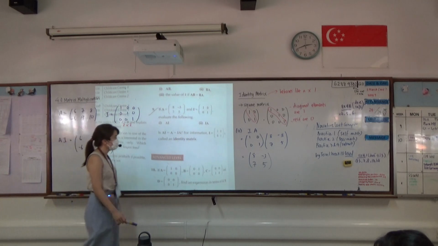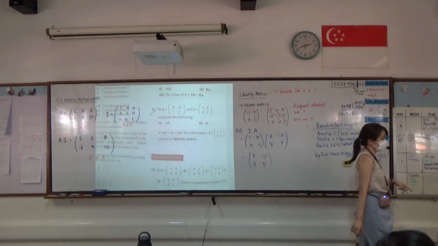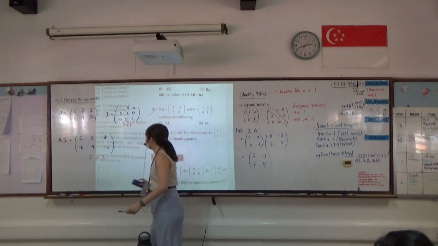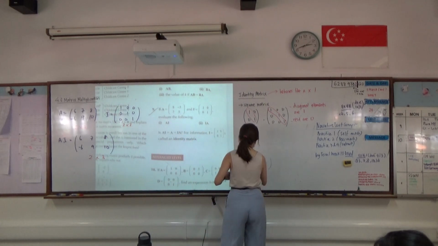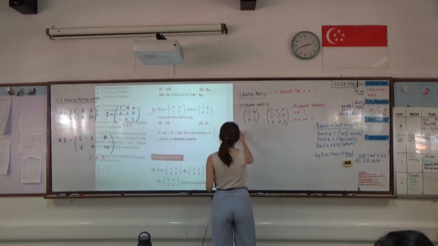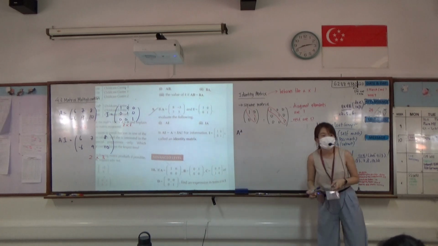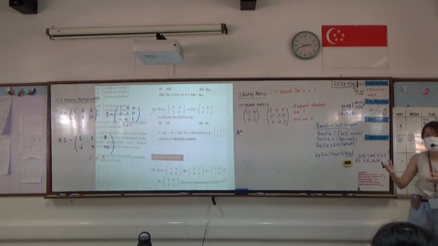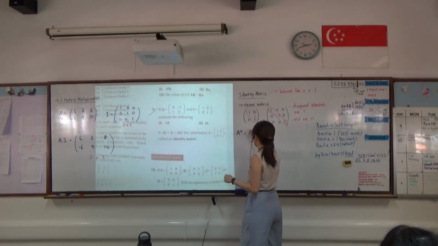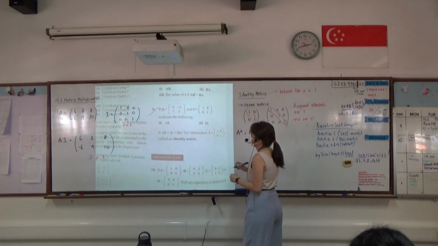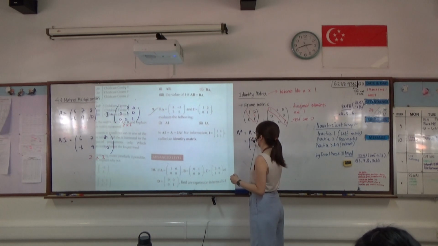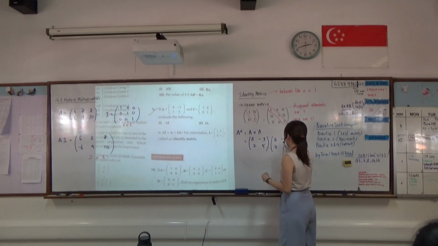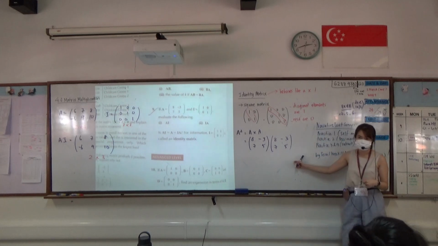Then another important thing that I want you to be able to recognize is, for example, if I ask for a matrix A squared. What is our understanding of A squared in our algebraic terms? A times A, right? So in our matrix terms, it also means A times A. So if I just take this matrix here, we are multiplying two matrices.